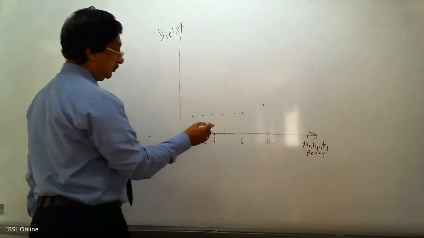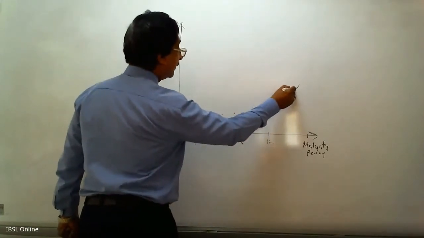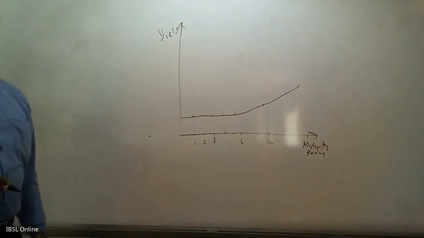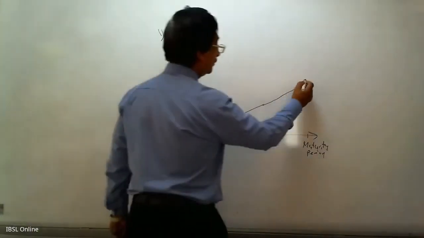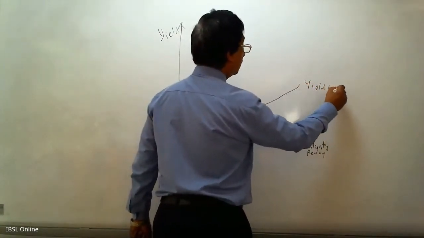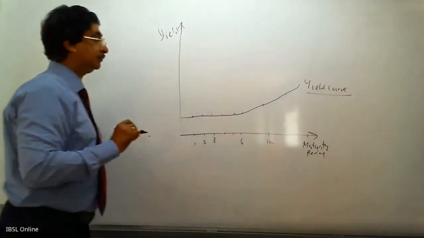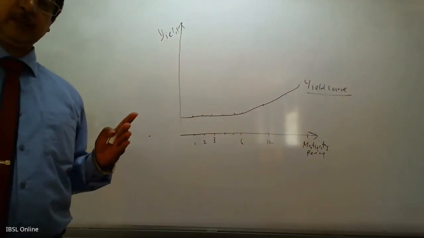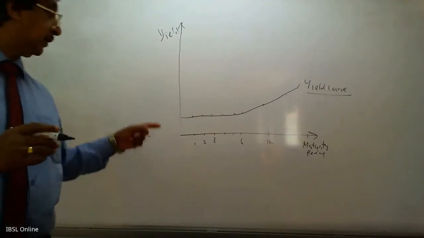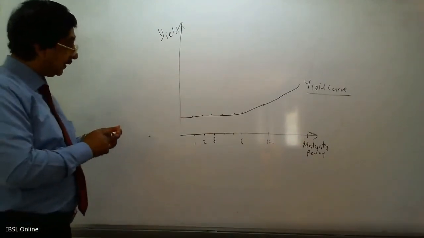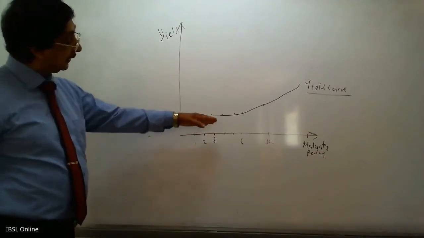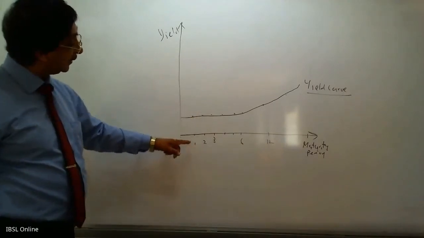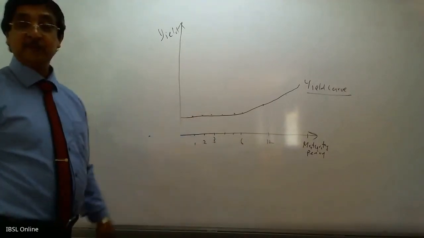Now, when you connect all these points, we call it a yield curve. This is the yield curve. Now, when there's a change in the interest rate, say an interest rate increase, the increase depends on the maturity period, tenor or whatever.